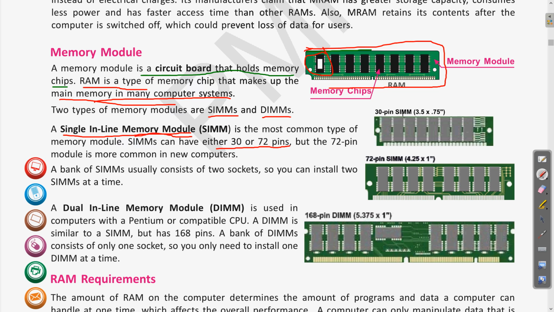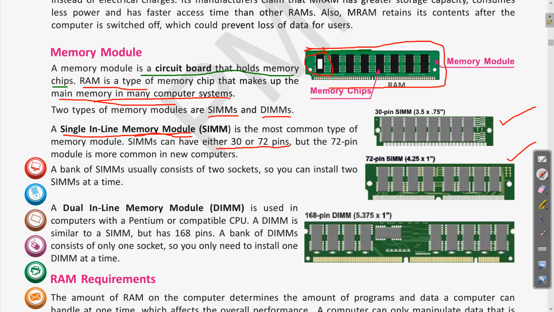As you can see here also, this is the 30 pin SIMM, and the second one is the 72 pin SIMM. Clear? The size of this also varies. The 72 pin module is more common in new computers. Clear? As the number of chips increases on the 72 pin, it will have more storage capacity, it can hold more data.